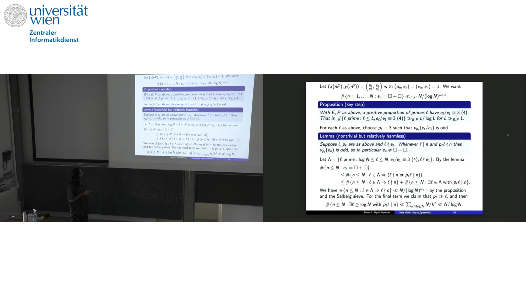So here, for each l, I've chosen a p_l. In order to do the sieving step, for each l, I've fixed a prime p_l congruent to 3 mod 4, such that the p valuation of E_l on E_1 is odd.